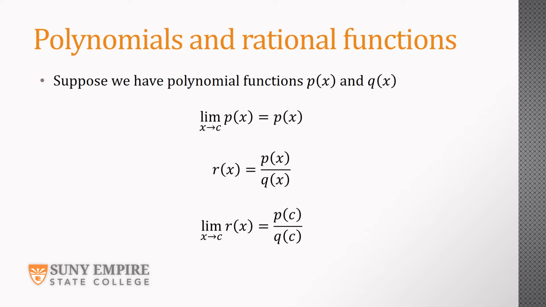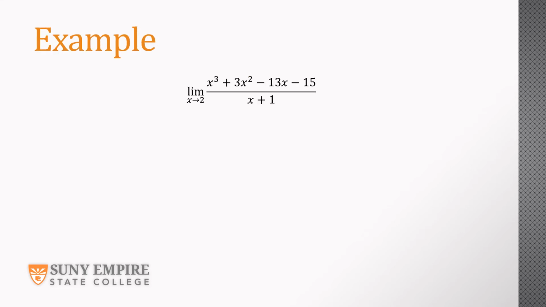Let's look at an example. We want to find the limit as x approaches 2 of the quantity x cubed plus 3x squared minus 13x minus 15 divided by x plus 1. We recognize that this is a rational function. The numerator is one polynomial function that we will call p of x, and the denominator is another polynomial function that we will call q of x.